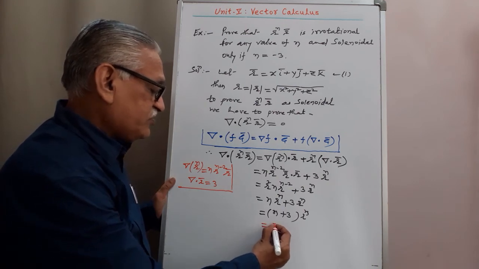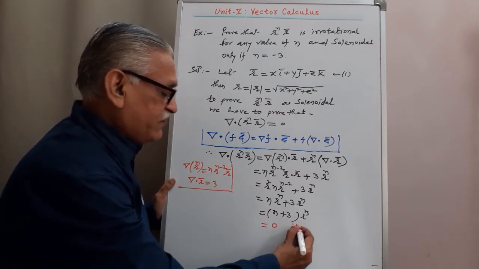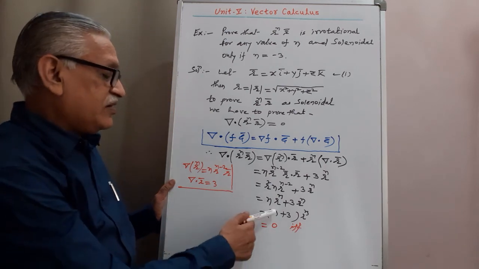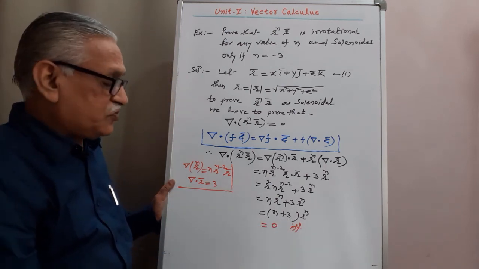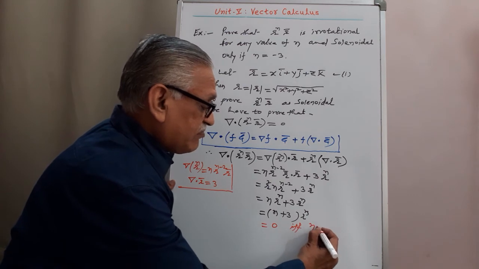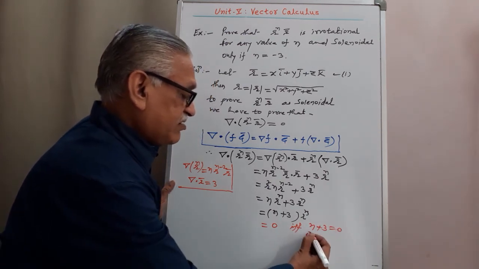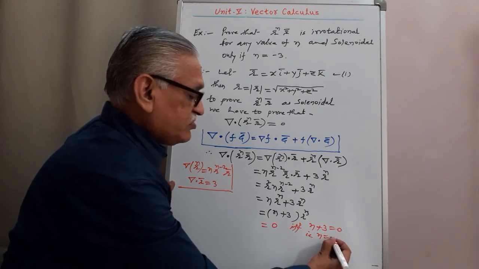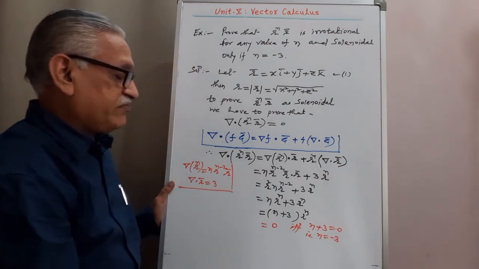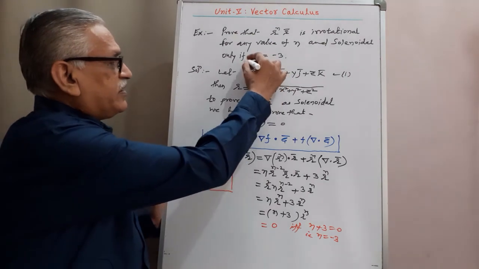and this becomes 0 if and only if the value of n plus 3 is equal to 0. That is, n is equal to minus 3. Means we get the second result.